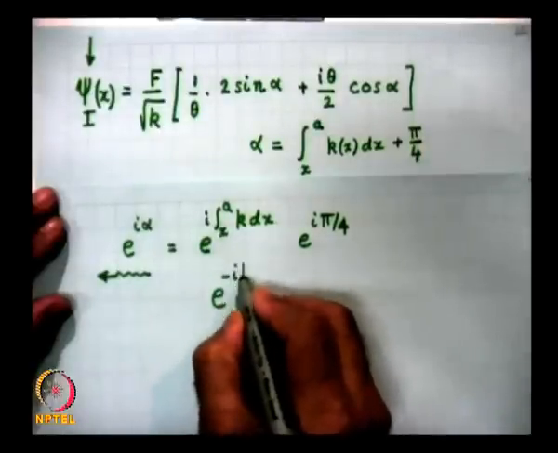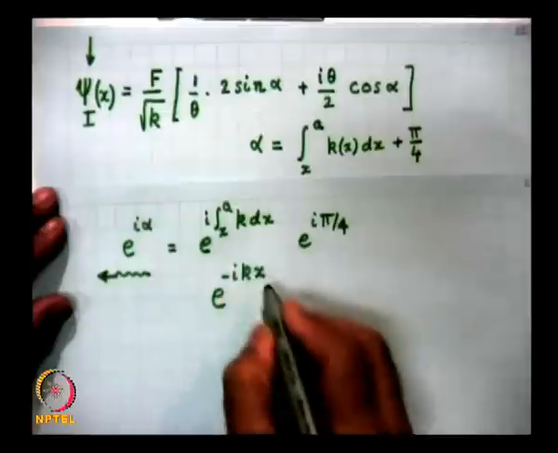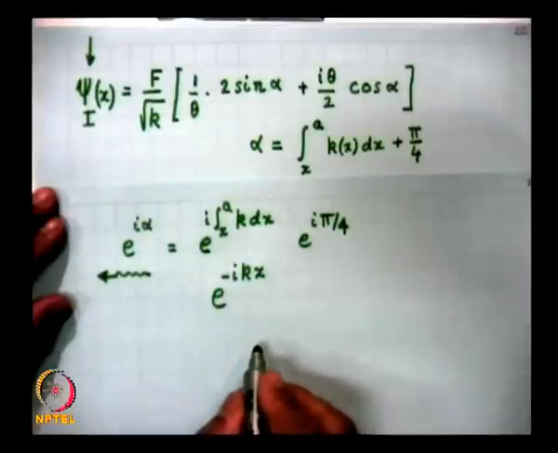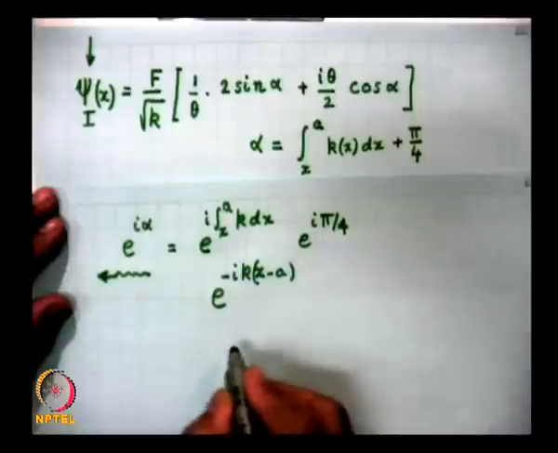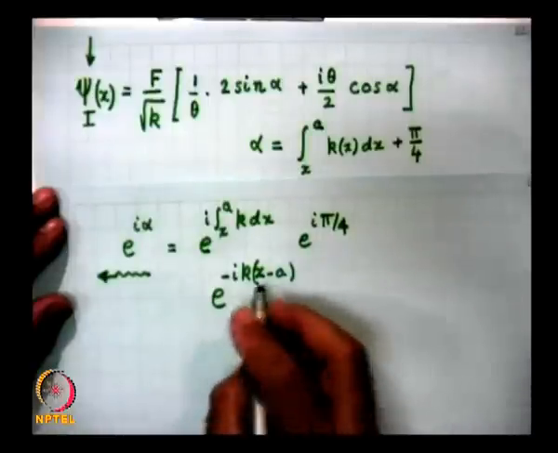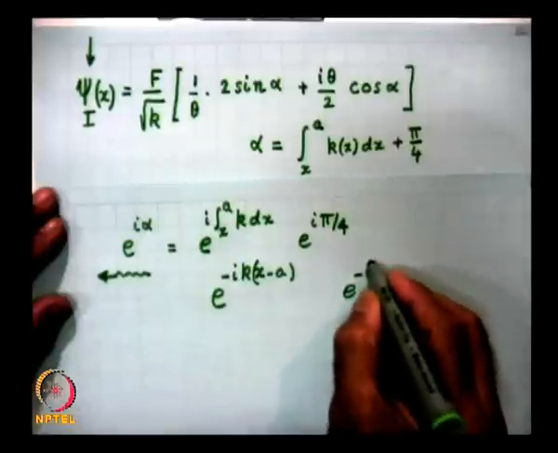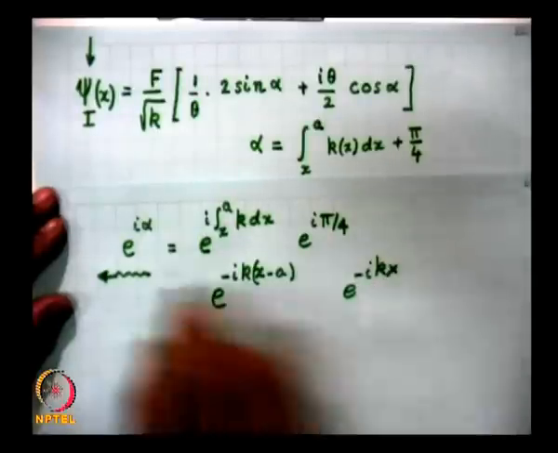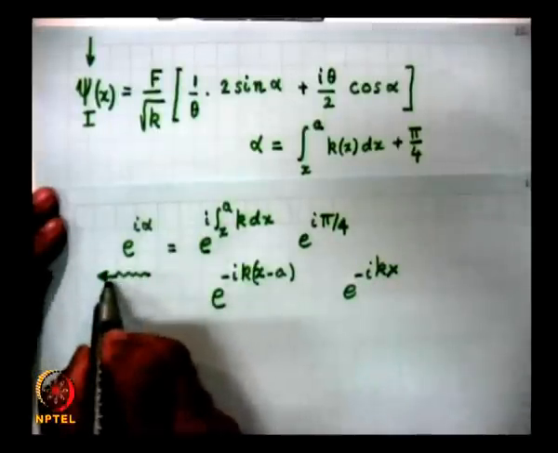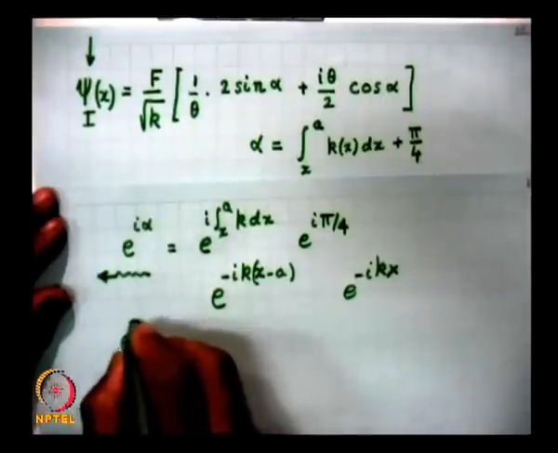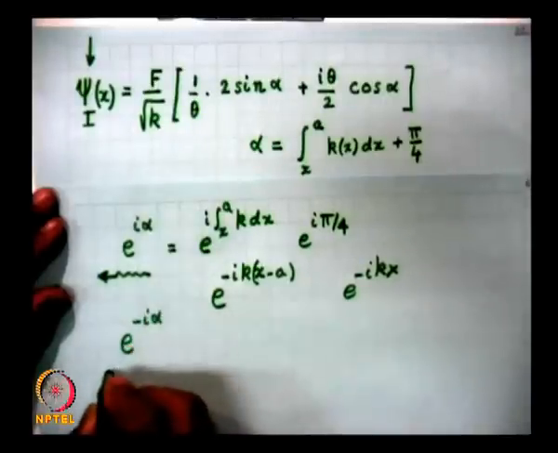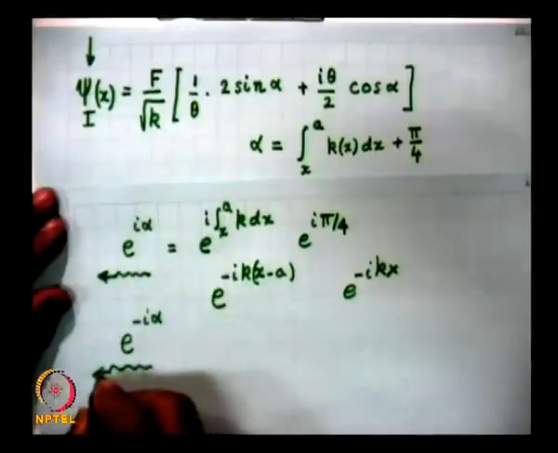Of course, there is an a also, so x minus a actually, but that is a constant factor. I do not worry about that. The x dependence is of the form minus I kx. So, e to the power of I alpha represents a wave propagating in the minus x direction. Similarly, e to the power of minus I alpha is a wave propagating in the plus x direction.